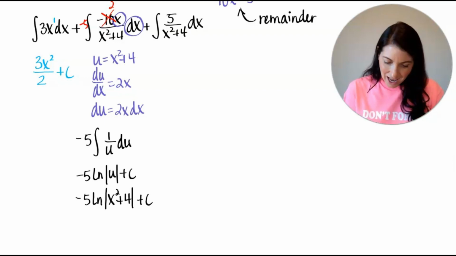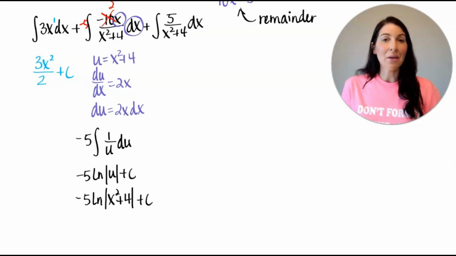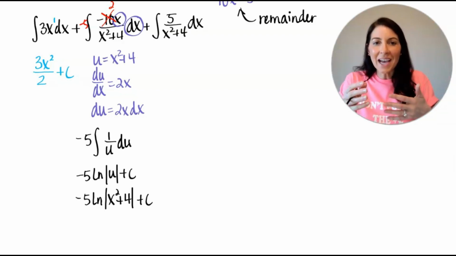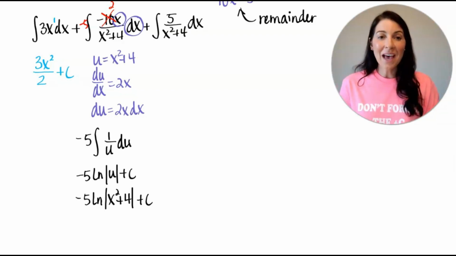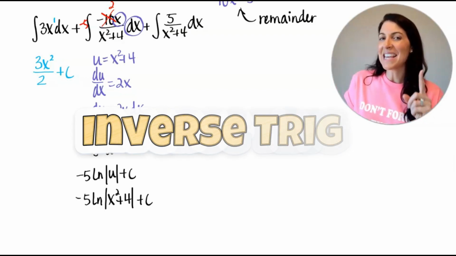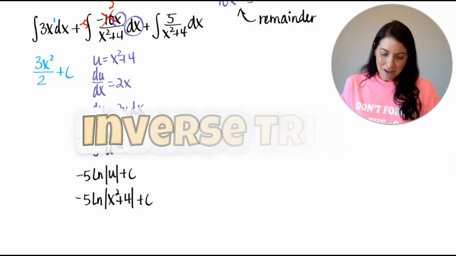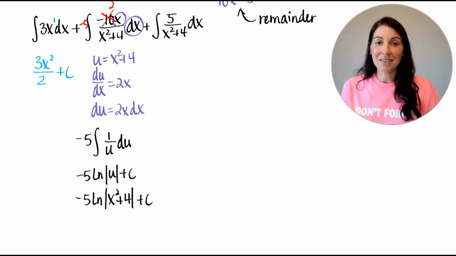All right, and then looking at the third one, here I see the integral of 5 over x squared plus 4. Now this one I can't make the denominator equal to u because it would produce an x when I take the derivative, and I don't have an x in the numerator. So this is going to be one of those sneaky inverse trig integrals, and that's because I don't have an x in the numerator.